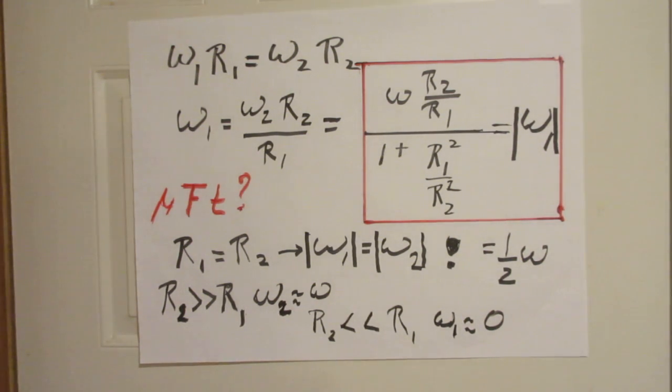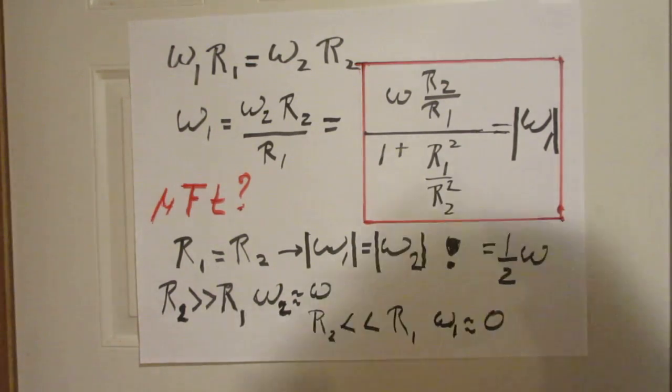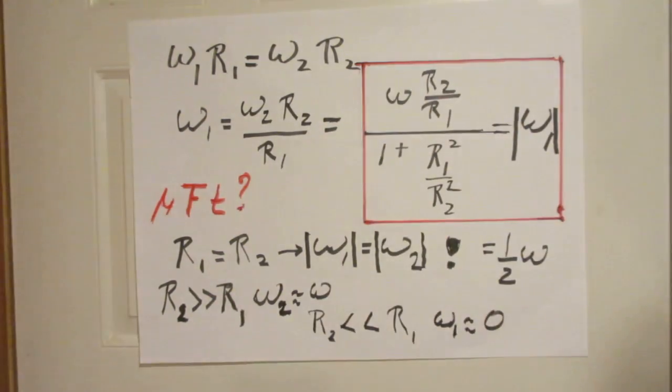You can do another consistency check, which physicists always do. Suppose you make R2 much, much larger than R1. If you look at these equations, and I invite you to do that, you will find that omega 2 is then approximately omega. And that's what you expect.